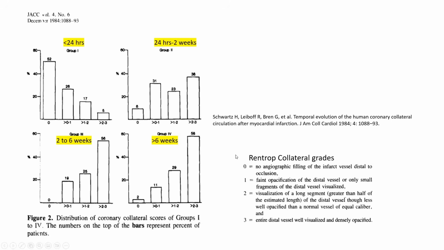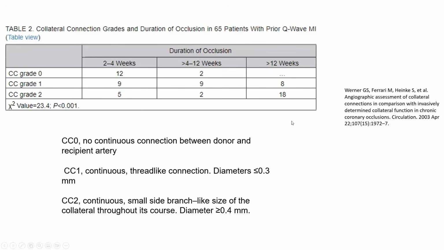This is what you call Rentrop grade 3 collateral, when the distal vessel is well opacified, well filled, and delineated, as opposed to grade 1 collateral, which is faint filling of branches of the vessel, and grade 2, where there is faint filling of the distal vessel, but you don't see it clearly delineated. And this is the CC classification of collaterals.